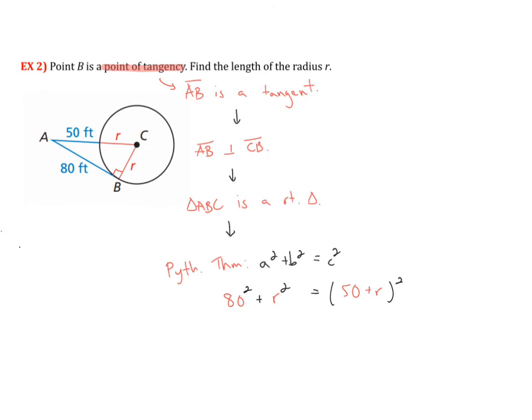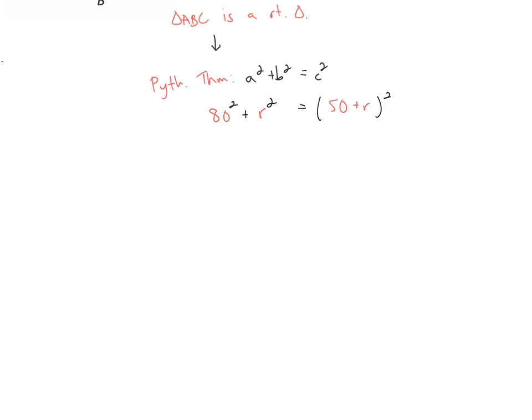All right, so let's actually begin solving this. On the left side of the equation, 80 squared becomes 6,400 plus r squared, which is equal to 50 plus r times 50 plus r. Now, if you think back to algebra, there was a way for us to multiply polynomials. You can FOIL (first, outside, inside, last), or you can draw those little rainbows.